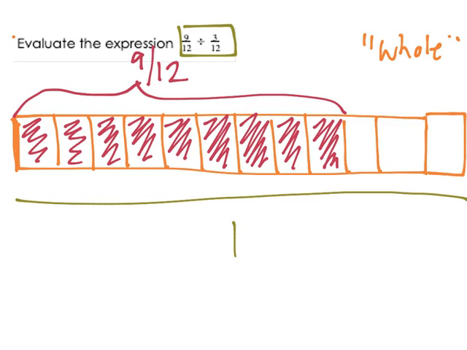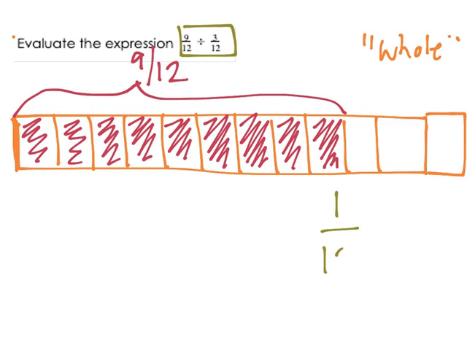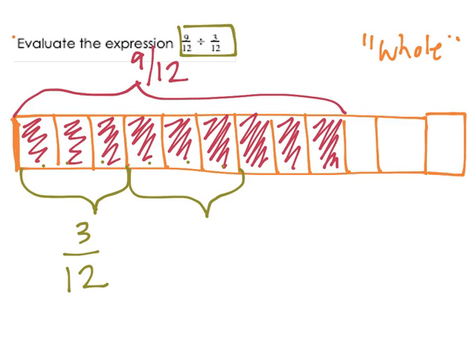I know that every single box represents 1/12. So now I need to label groups of 3/12. I'm going to count 1, 2, 3 boxes. This represents a group of 3/12. 1, 2, 3. This is another group of 3/12.